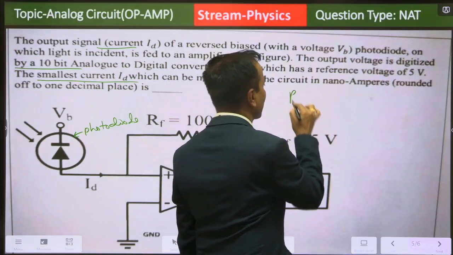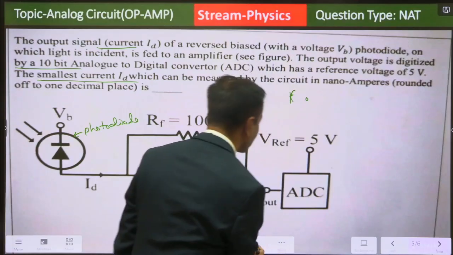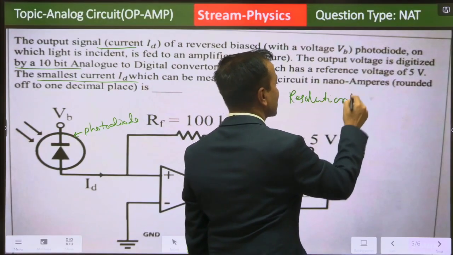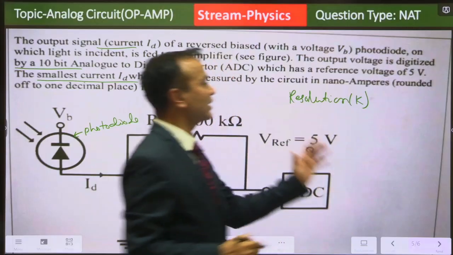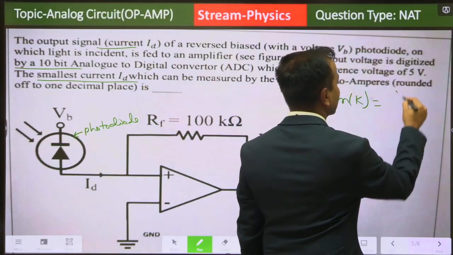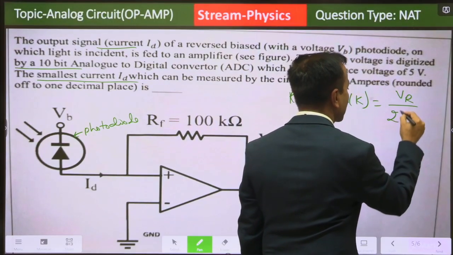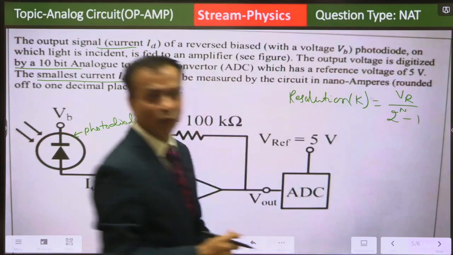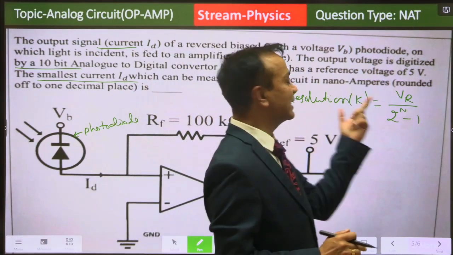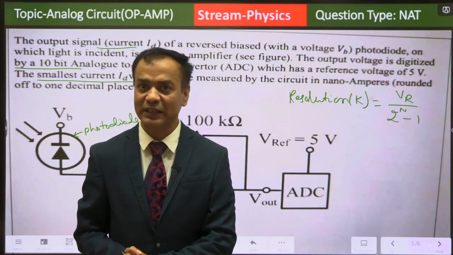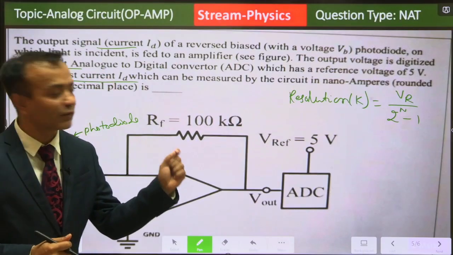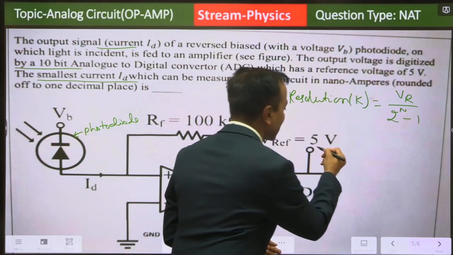Just for the example, I am assuming the resolution with the notation K. This resolution is defined as the reference voltage divided by 2 to the power n minus 1, where V_R is the reference voltage of this ADC and n is the number of bits, which is mentioned in the question as 10 bits. V_R is already mentioned as 5 volts.